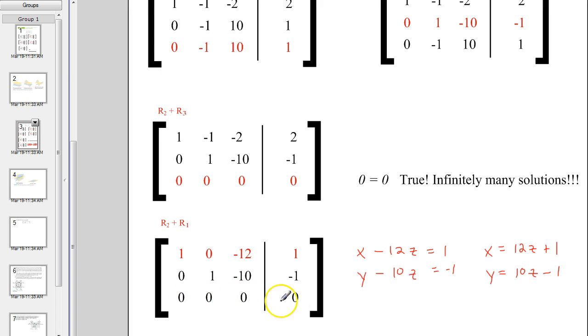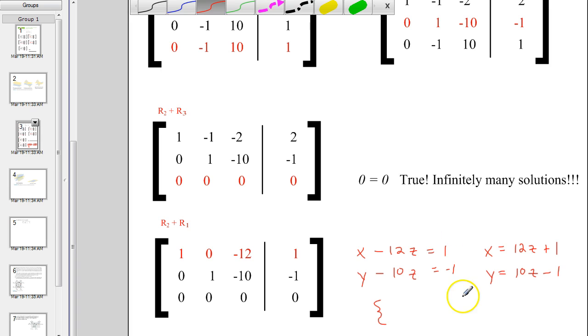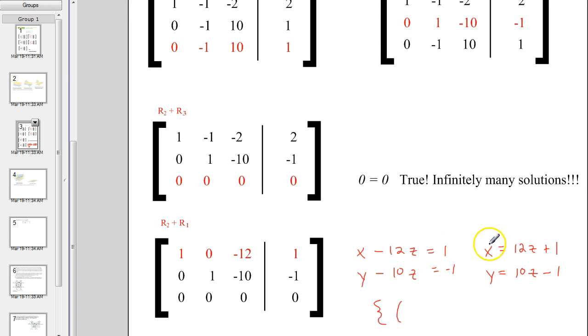Okay, so the row of the zeros, the one that's missing on the main diagonal, is this one where the z is. So our solution set is technically x, y, z. But because there's infinitely many solutions, we write what these things look like instead.